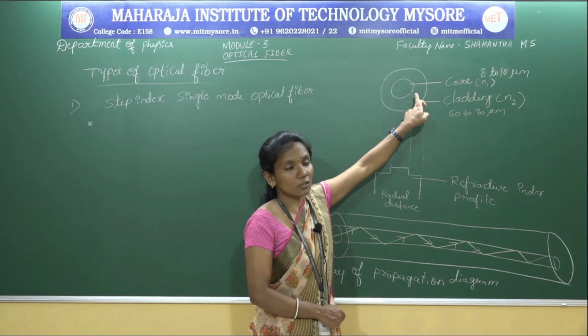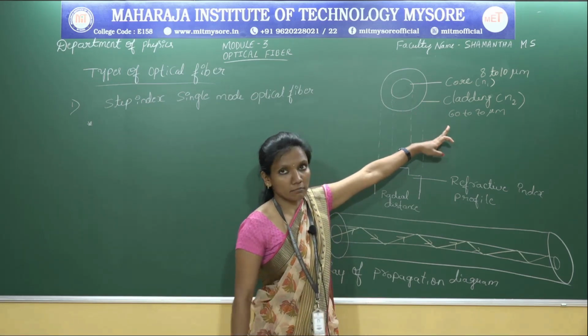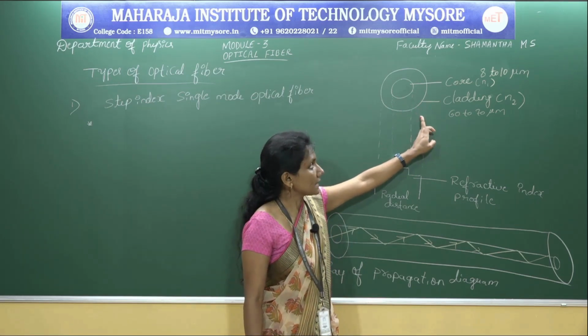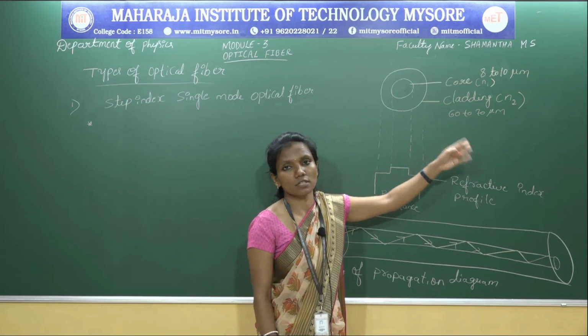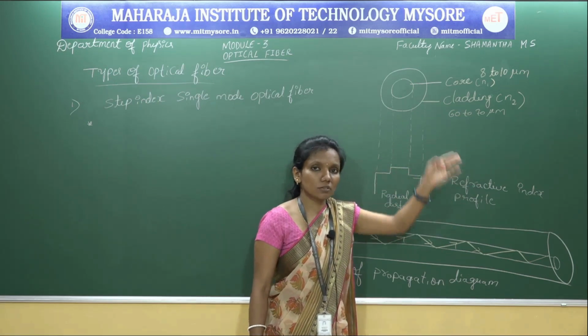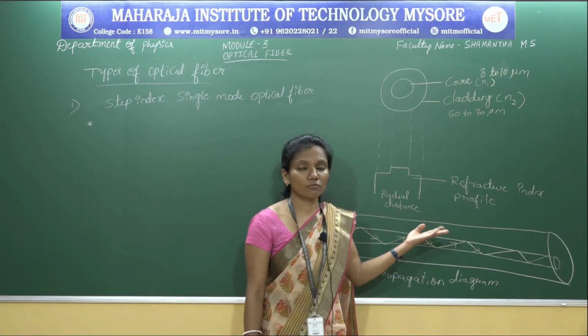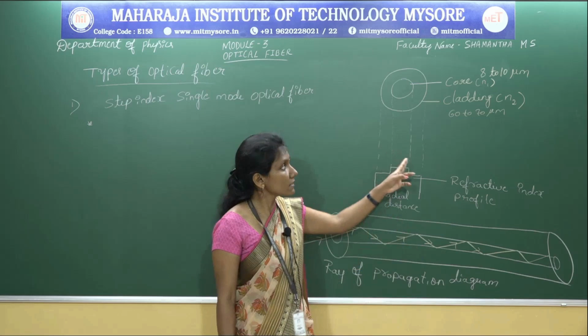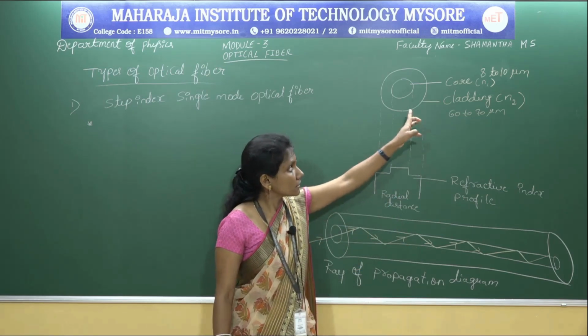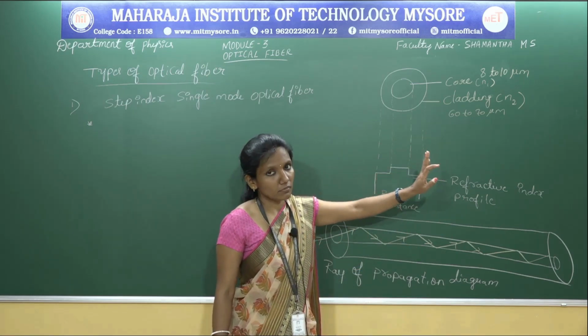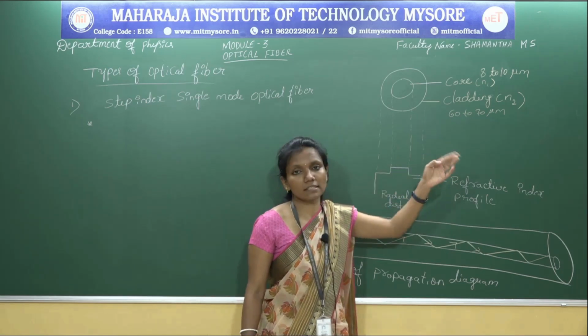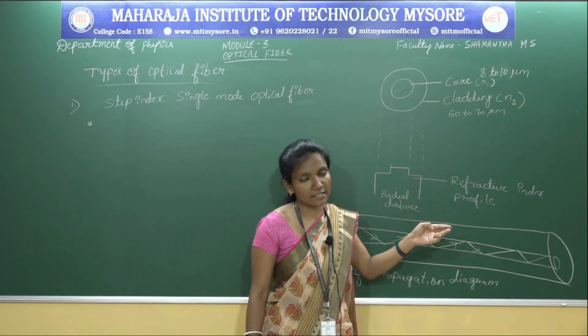The core diameter is 8 to 10 micrometer and the cladding diameter is 60 to 70 micrometer. The ray propagation depends upon the diameter of the core and cladding. The refractive index of the core, n1, must always be greater than n2, the refractive index of the cladding.